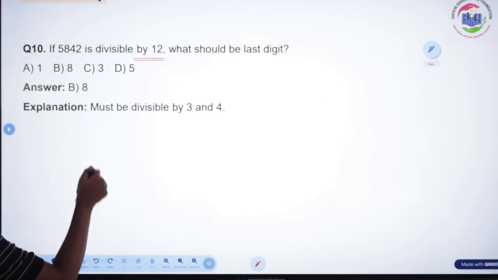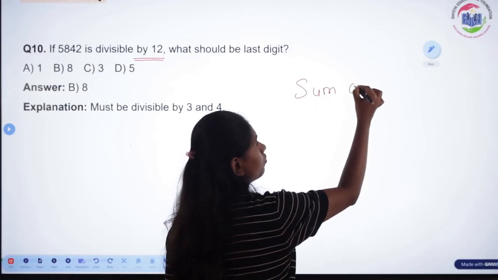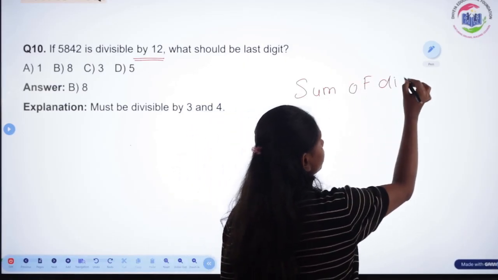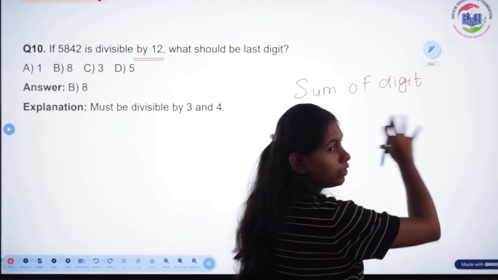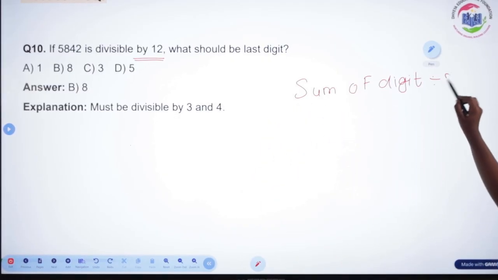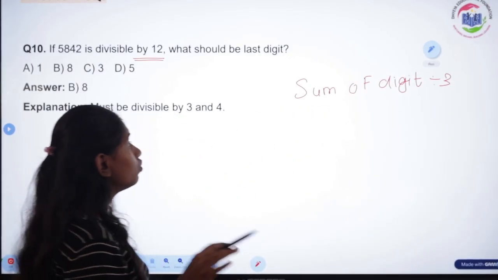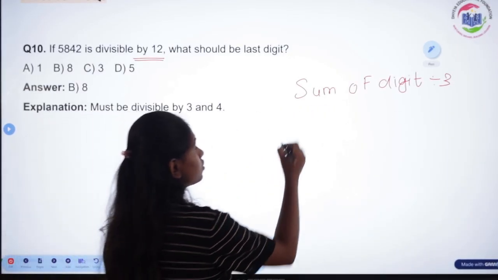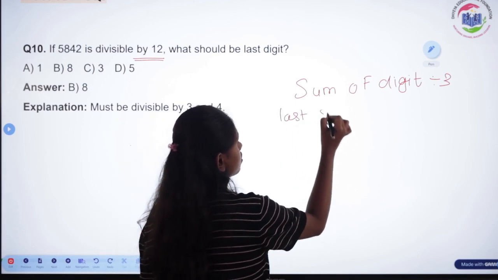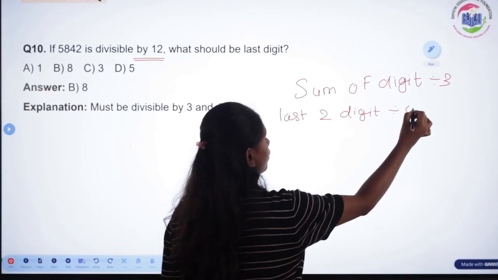Now here, what is the rule for 3? The sum of digits should be divisible by 3. And what is the rule for 4? The last 2 digits should be divisible by 4.